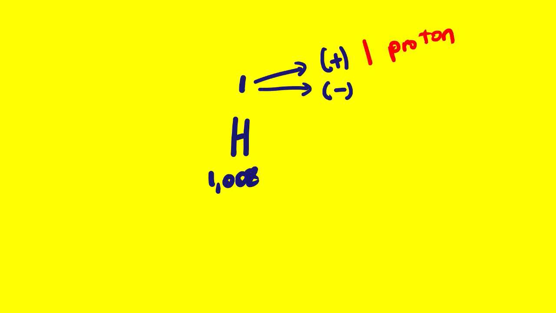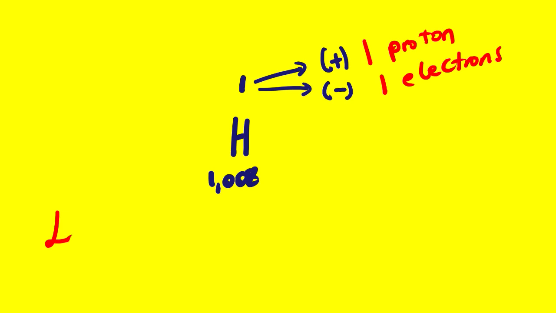Now, the atomic number also tells us the number of protons that we have within that atom and the number of electrons. You should know that if the atomic number is 1, it means that hydrogen has 1 proton, 1 electron. Remember that we are talking about a neutral atom. We are not talking about ions here, we are talking about elements from the periodic table.